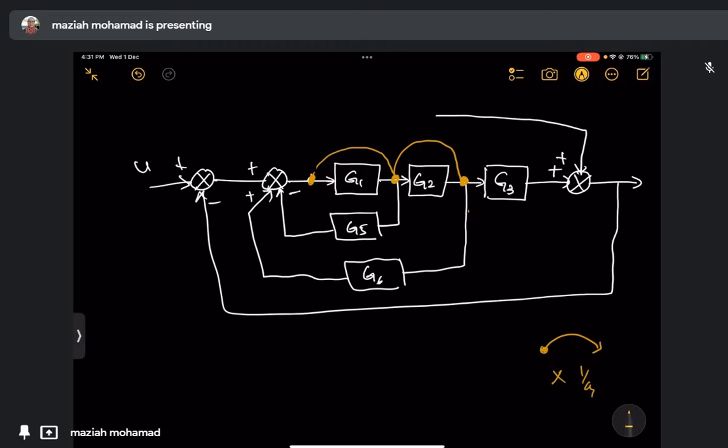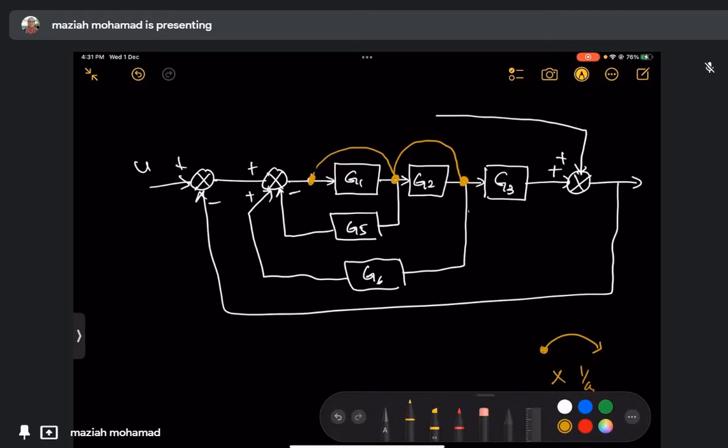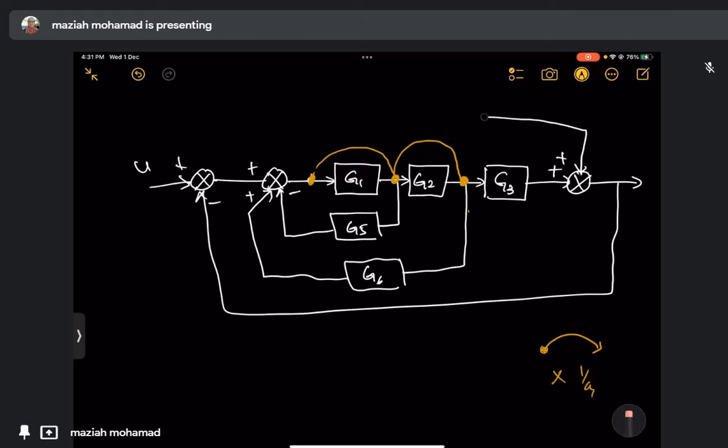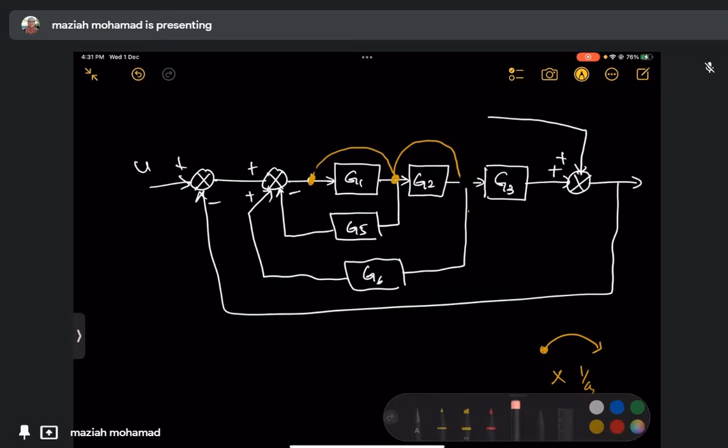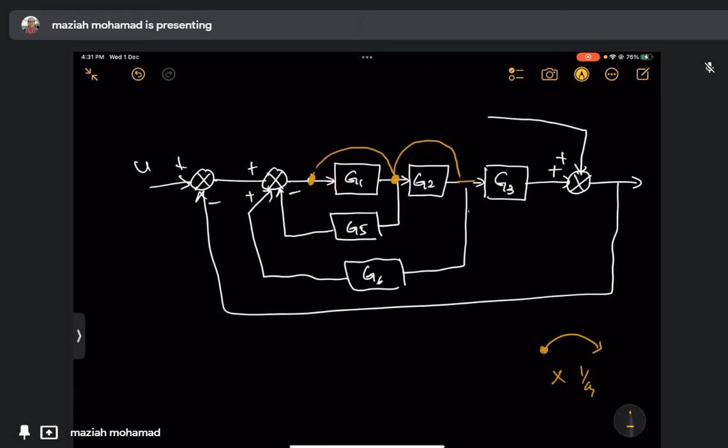Right, so therefore the new block will become, you should redraw again, but I don't want to redraw it. So we're going to add a new block.